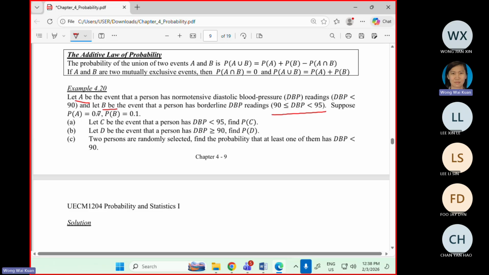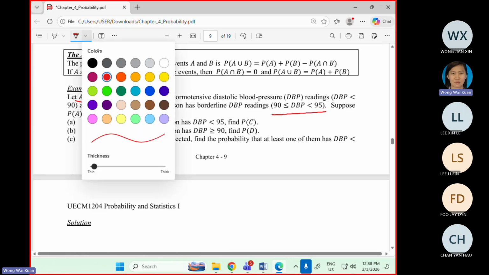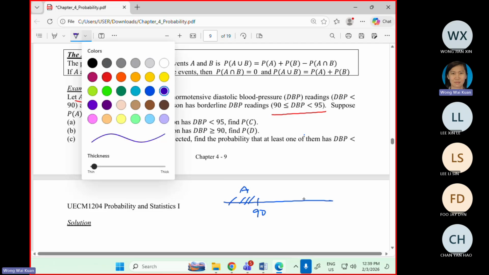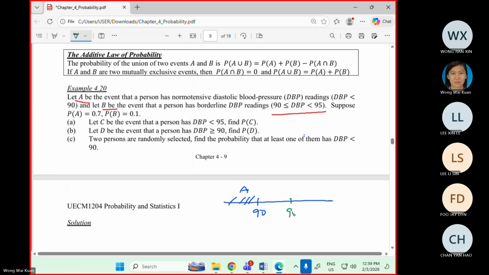Probability of A is 0.7, probability of B is 0.1. Now I want to find C. C is the event that the person has a DBP less than 95.